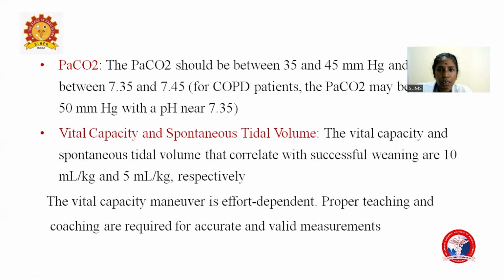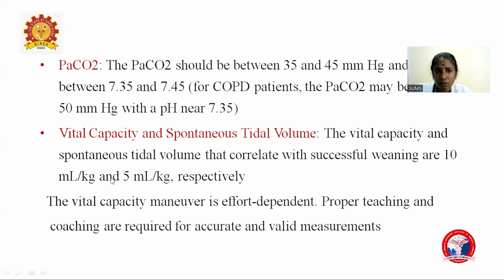See, as I told, the normal PaCO2 should be 35 to 40 millimeter of mercury, and pH between 7.35 to 7.45. For the COPD patient, a PaCO2 of 50 millimeter of mercury can be considered, and the pH can be 7.35.